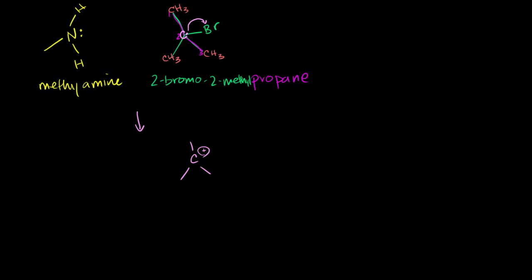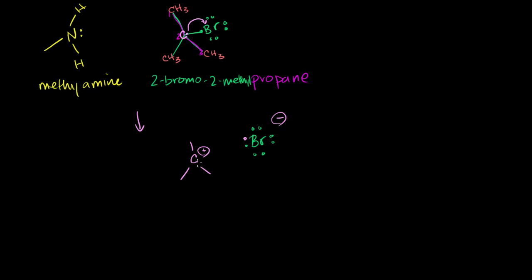And now the bromine has taken an electron. The bromine already had 1, 2, 3, 4, 5, 6, 7 valence electrons, and it just took one more electron from that carbon. It now has a negative charge. It's now a bromide anion.